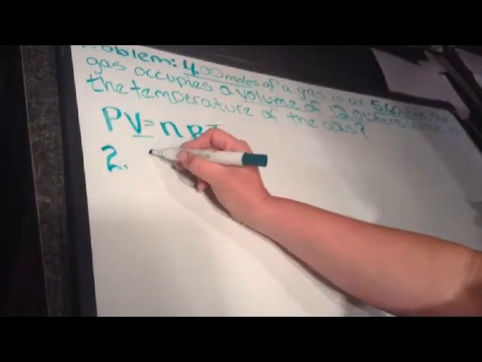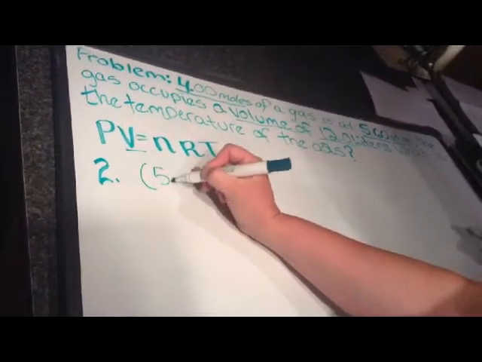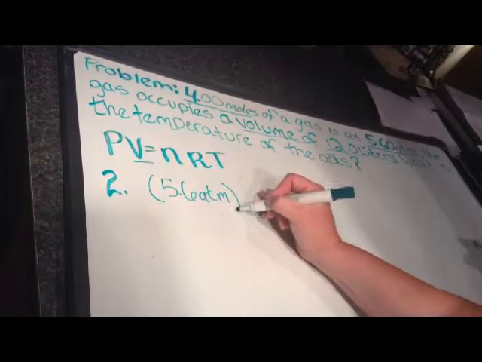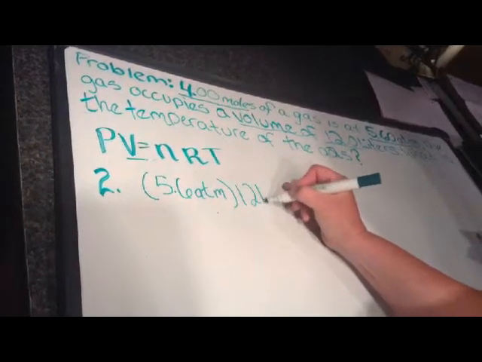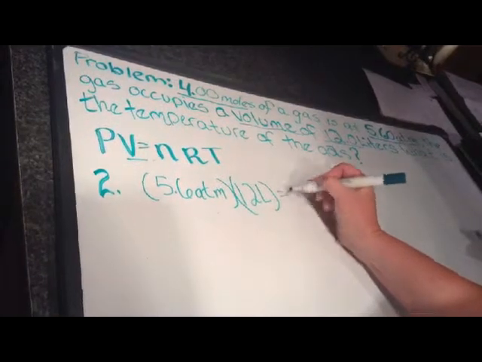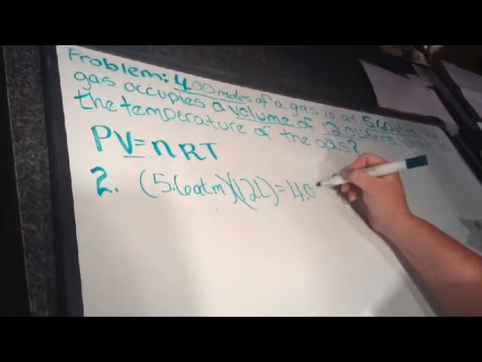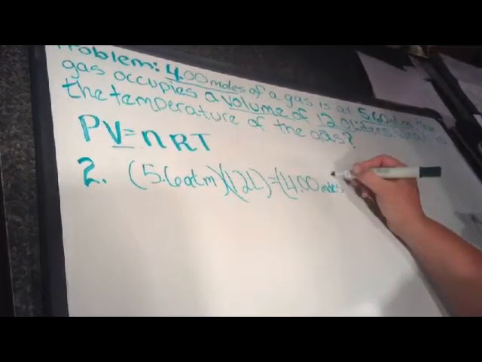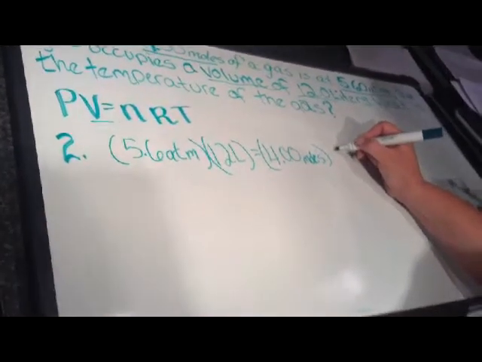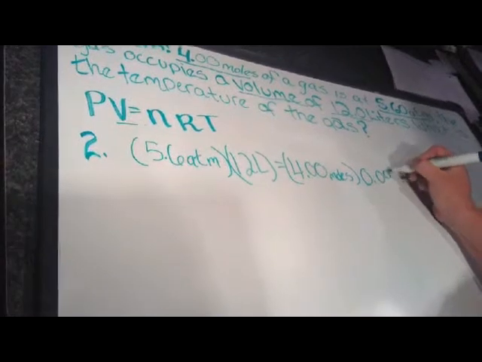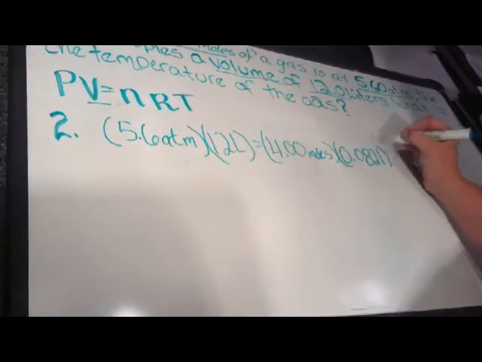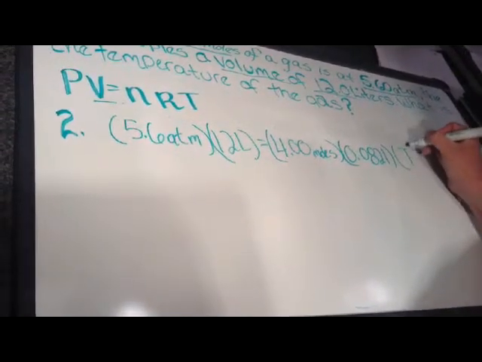Next step is we're going to plug our values in, in equation form. 5.6 atm times 12 liters equals 4.00 moles times the given value 0.0821, which is R, times our temperature.